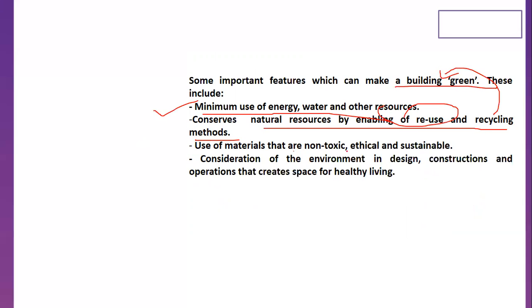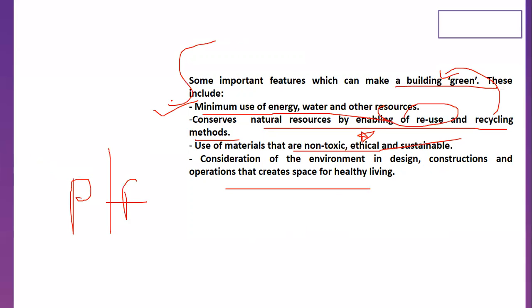Use of materials that are non-toxic, ethical and sustainable, where you're following all the codes of society for healthy living. Sustainability, that is you're taking care of your present generation as well as your future generation. Consideration of environment in design, construction and operation, that creates healthy space for living. So yes, when you find these concepts, define it as what?